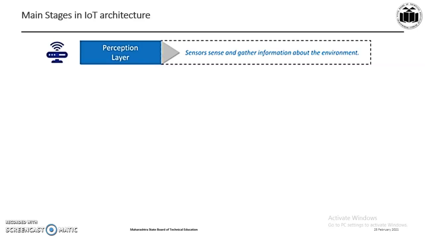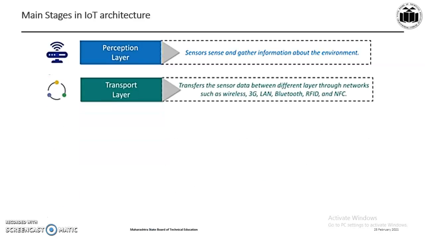So the perception layer is a physical layer which has sensors for sensing and gathering information about the environment. It senses and passes it to the next layer for processing. It senses the physical parameters or identifies other smart objects in the environment and gives it to the next layer. The next layer is the transport layer.